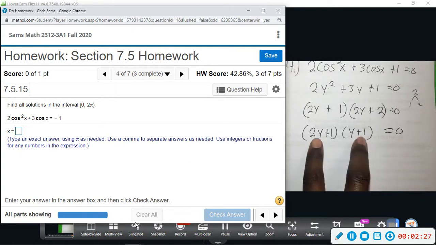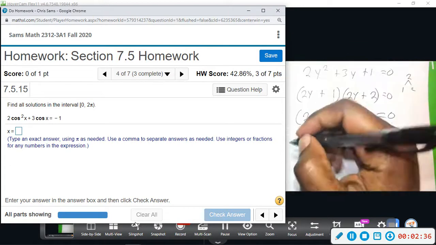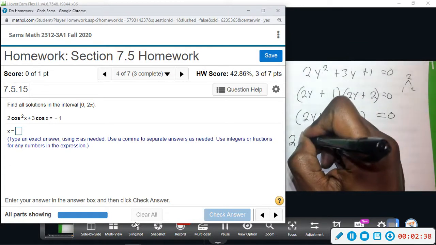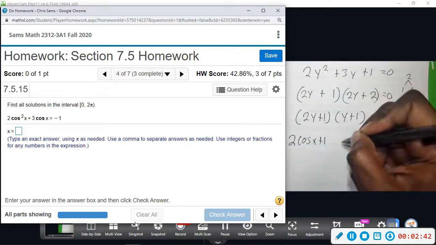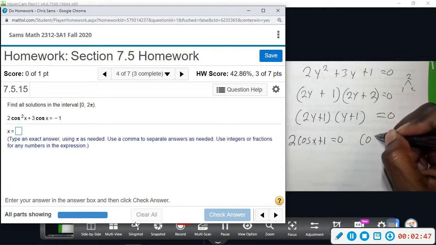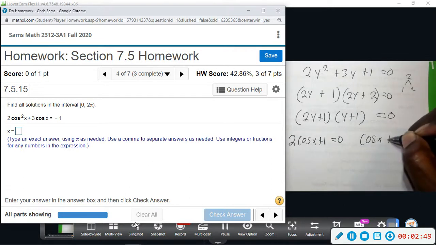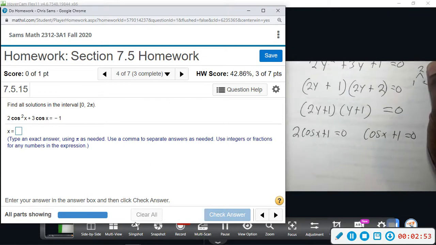From here, we're going to go back and replace these y's with cosine, because that's what y equals, cosine of x. So we're going to have 2 cosine of x plus 1 equals 0, and we're going to have cosine of x plus 1 equals 0. So we're going to solve these.